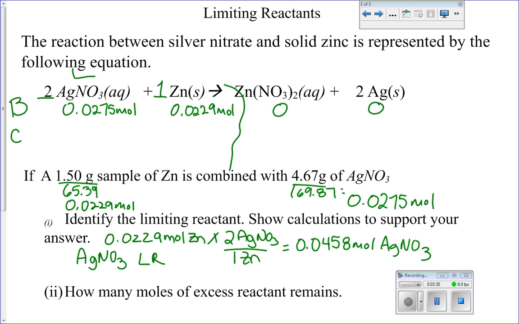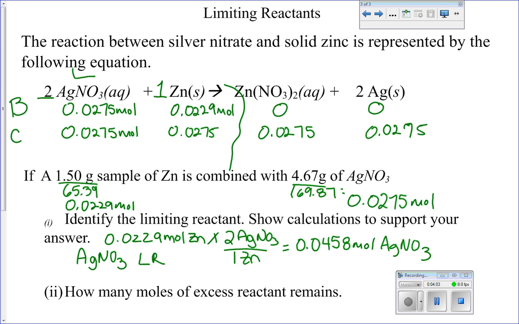Well, it's all about the limiting reactant. So I'm going to write down the limiting reactant on the change line, because I know that that's what's going to be consumed, some proportion of the 0.0275 moles of AgNO3.